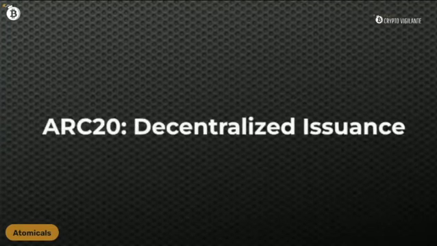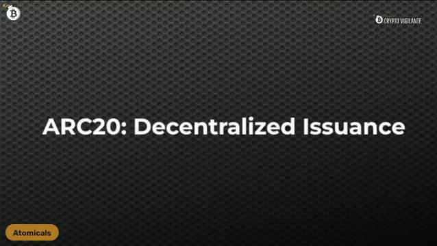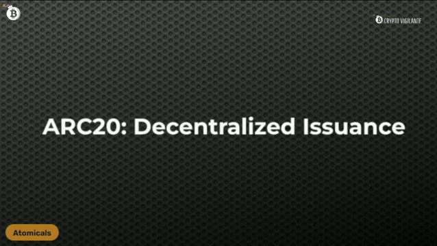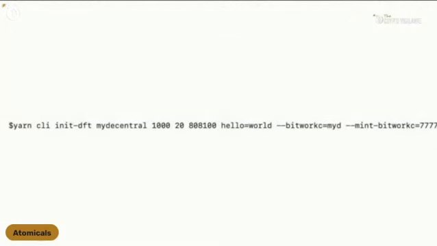Okay. Now, that was direct issuance, but what about something more, let's say, decentralized? Well, we have that too. The difference is we initialize the fungible token with the init-dft command, the init decentralized fungible token command. We claim a ticker. In this case, the ticker is myDecentral.